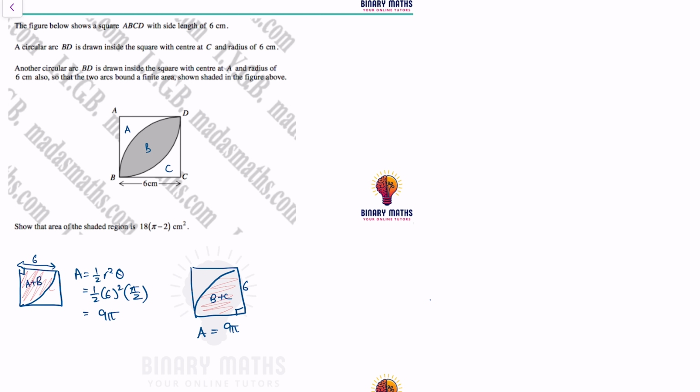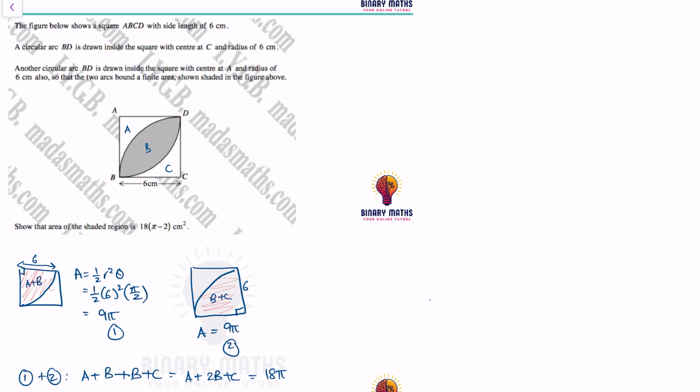Now if I add these two sectors together, I call this 1 and 2, if I do 1 add 2, then what I'm getting is A plus B plus B plus C, which is A plus 2B plus C is equal to 18 pi.